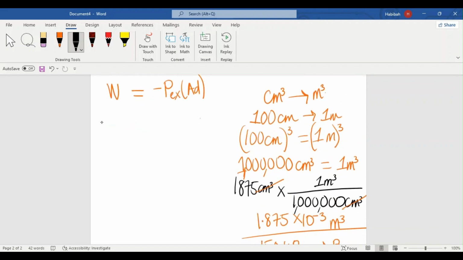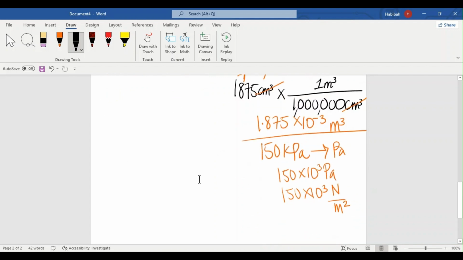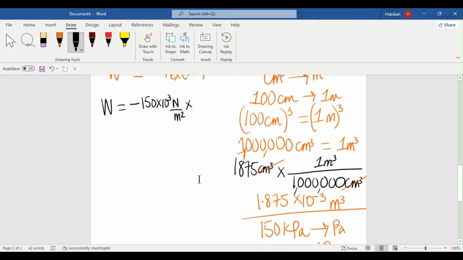So let me use a different marker. So W equals negative, the P external is 150 times 10 raised to the power 3 Newton per meter squared times the value for volume. So that would be 1.875 times 10 raised to the power negative 3 meter cubed.